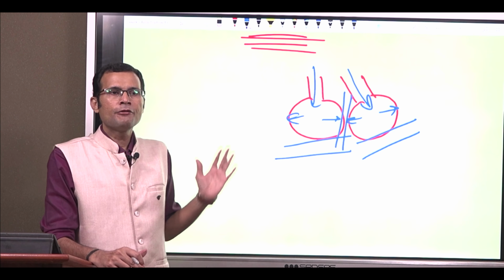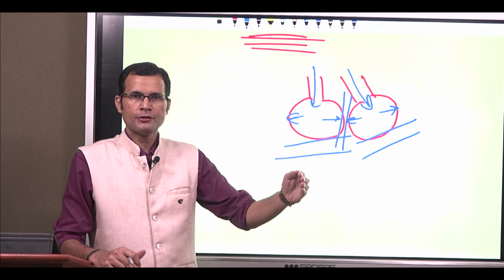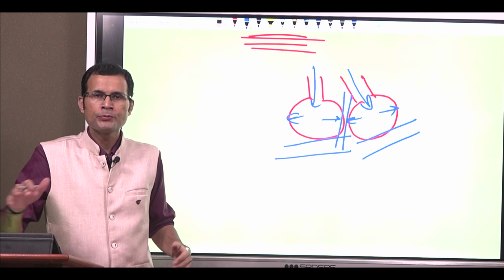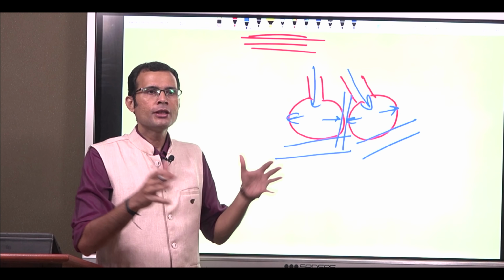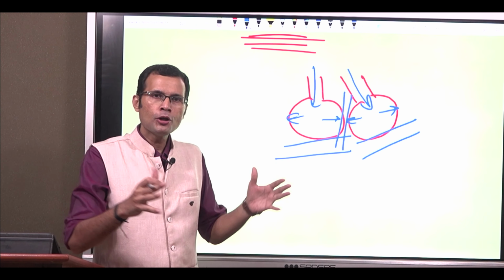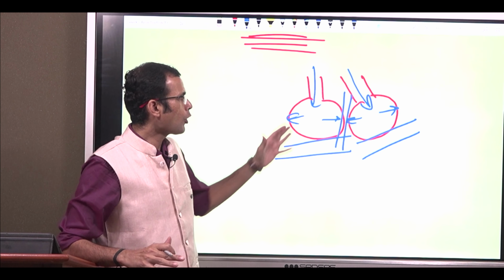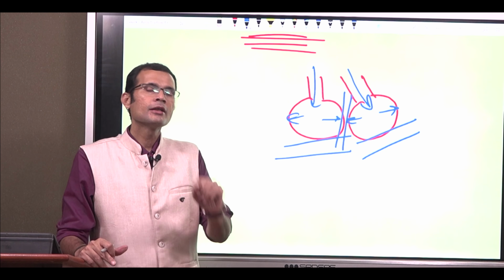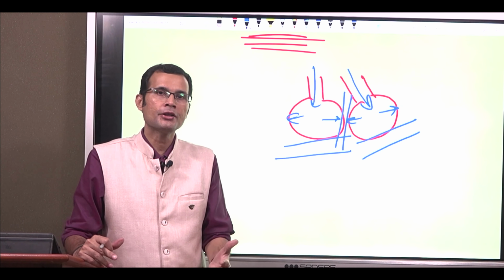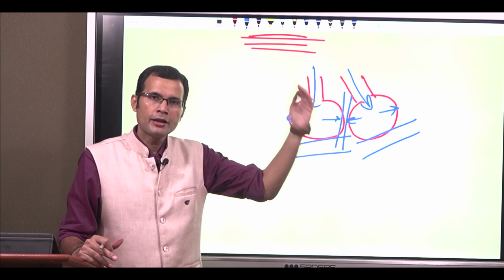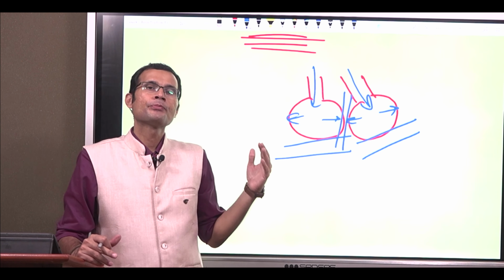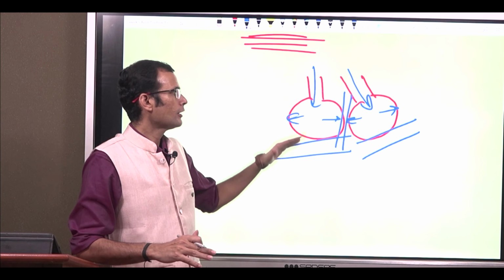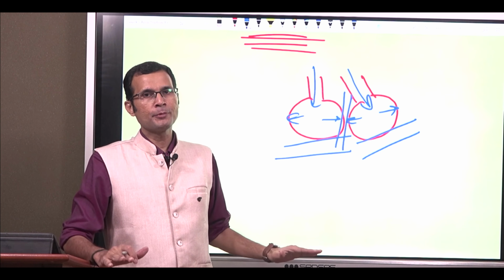Similarly, if the person is making a forceful expiration, even then the recoil of the lung parenchyma, the recoil of the lung tissue, is going to compress these vessels again, and therefore the vascular resistance will be higher. So at higher lung volumes or lower lung volumes, the vascular resistance will be high. It is lowest at the end of quiet expiration.